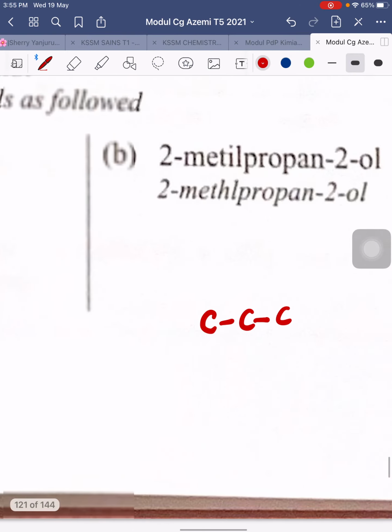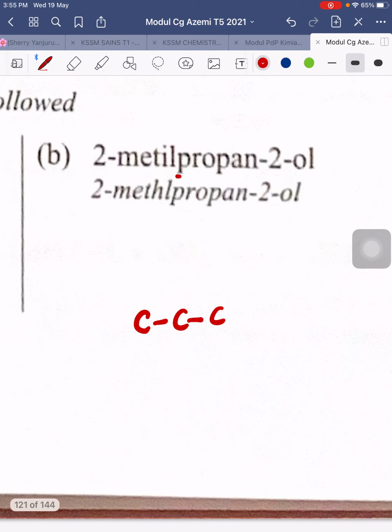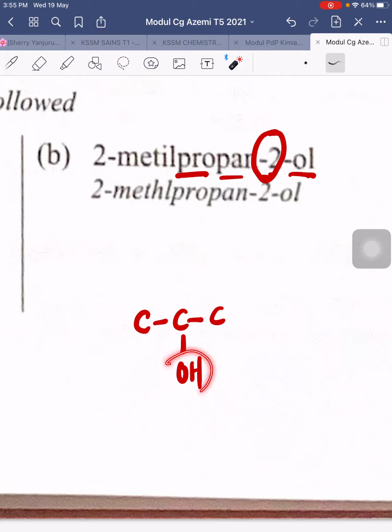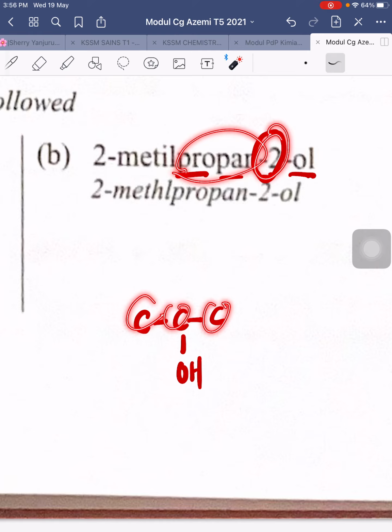Okay, but in this case, since it mentioned here propan 2-ol, so you should draw the OH at the second carbon. Remember, when the soalan mentioned 2-ol, 3-ol, 4-ol, that indicates where the hydroxyl group is located. So this one located at the second one, because in propan we have 3 carbon, and at the second carbon we have the alcohol hydroxyl group.